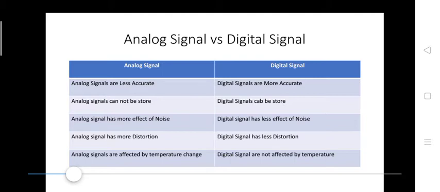Analog signal has more effect of noise. Digital signal has less effect of noise. Analog signal has more distortion. Digital signal has less distortion. Analog signals are affected by temperature change. Digital signals are not affected by temperature change.